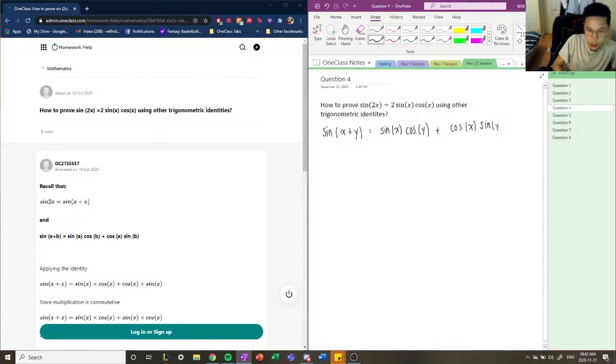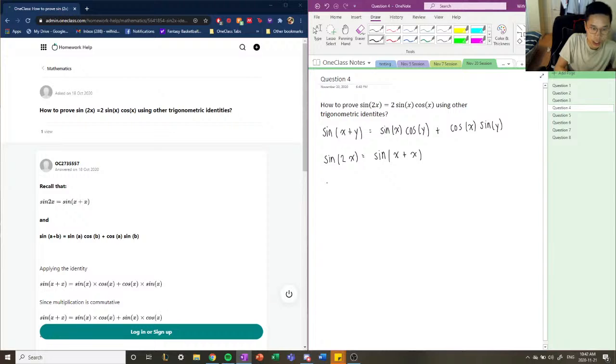If you want the proof to this one, you will have to search it up. And we can also cleverly write sine of 2x as sine of x plus x. With these two properties in mind, we can now prove this trigonometric identity.